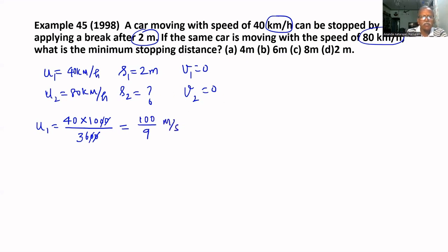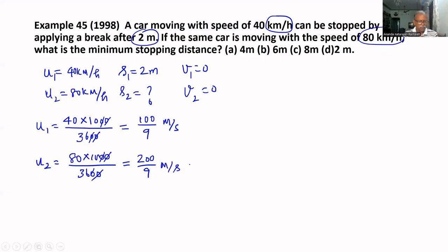Similarly, we have to convert U2 also. U2 equal to 80 multiplied by 1000 divided by 3600 seconds per hour. So these two getting cancelled. So 800, that's why 200 divided by 9 meter per second.